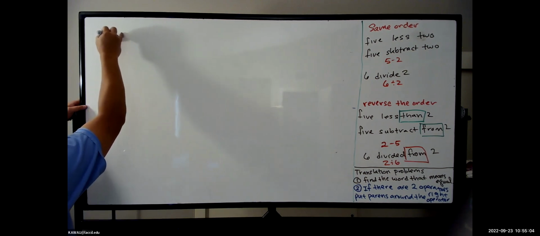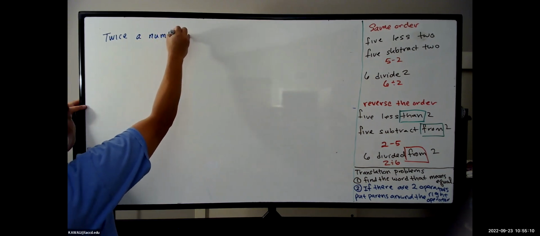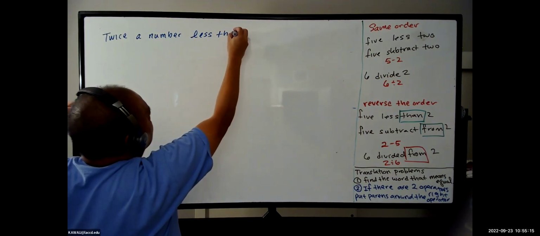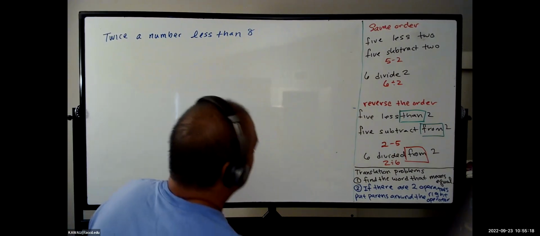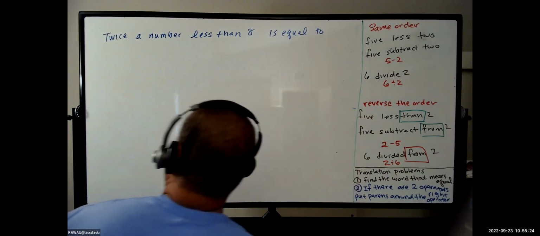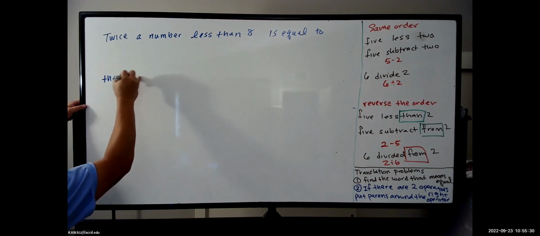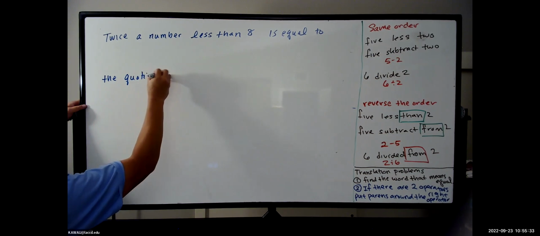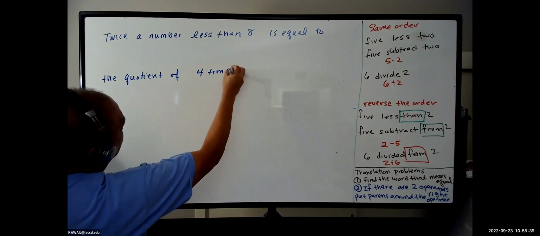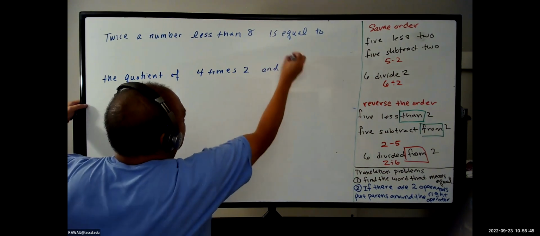So let's try: twice a number less than 8 is equal to the quotient of 4 times 2 and 8.